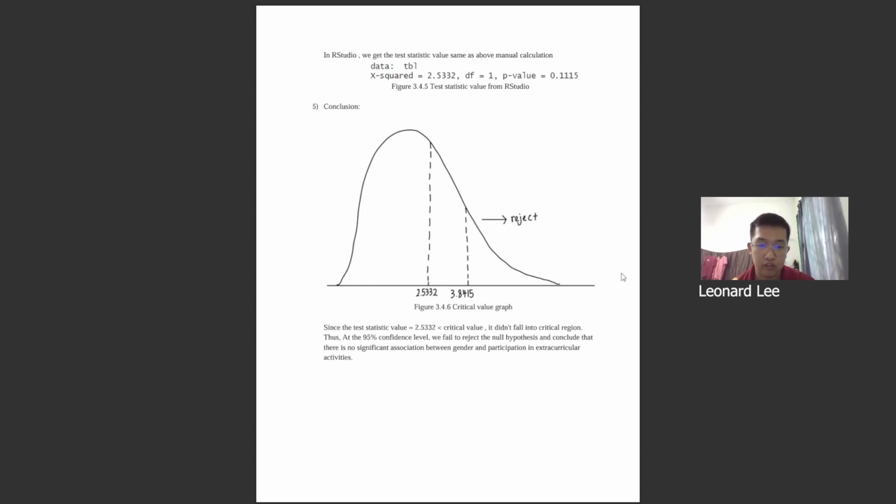For the conclusion, since the test statistic value 2.5332 is smaller than our critical value, it doesn't fall into the critical region. Thus, at the 95% confidence level, we fail to reject the null hypothesis and conclude that there is no significant association between gender and participation in extracurricular activities.